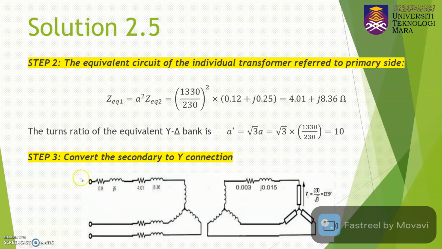Previously, you had a Y to delta combination, so in this case you need to convert from Y to Y. The secondary winding becomes Y connected already, and the load also you need to change to become Y connected.